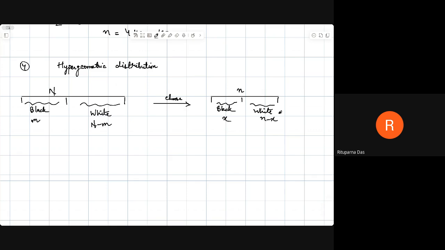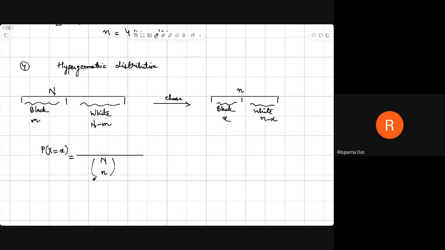So in this case the PMF, the probability of choosing a certain number of black balls, will be, first of all, we are choosing small n out of capital N, that is your total.